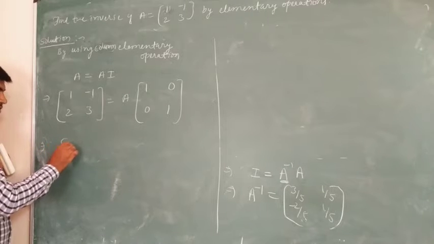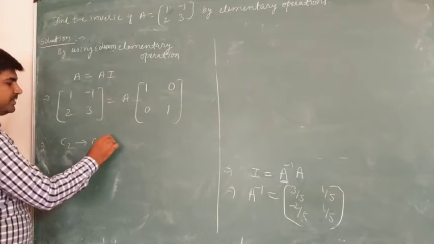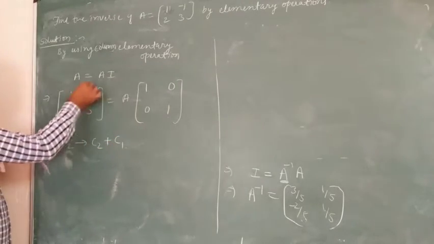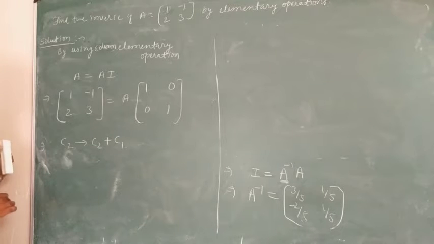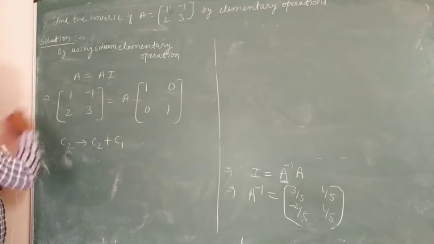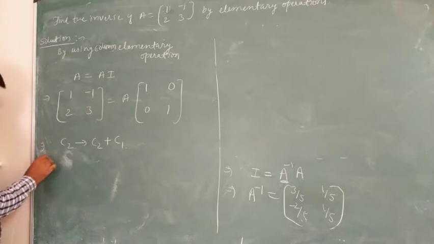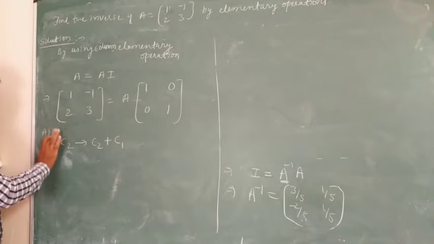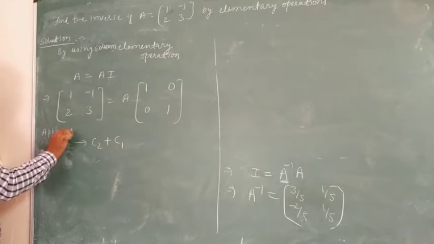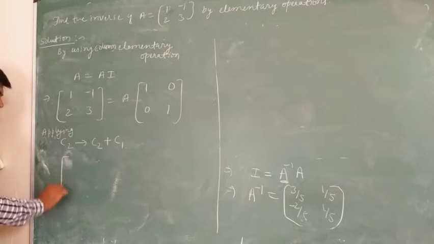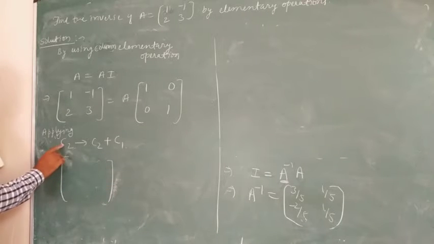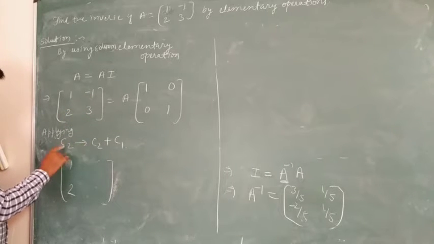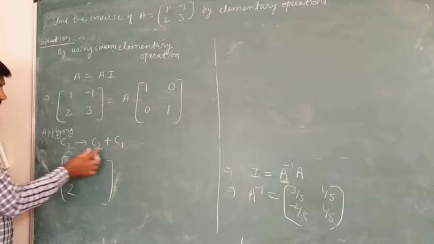If I use C2 plus C1, then this particular element will become 0 students. You may notice this particular element will become 0. So applying this operation on this one, since the operation is on C2, C1 stays as it is, 1, 2, and C2 will be replaced by C2 plus C1.